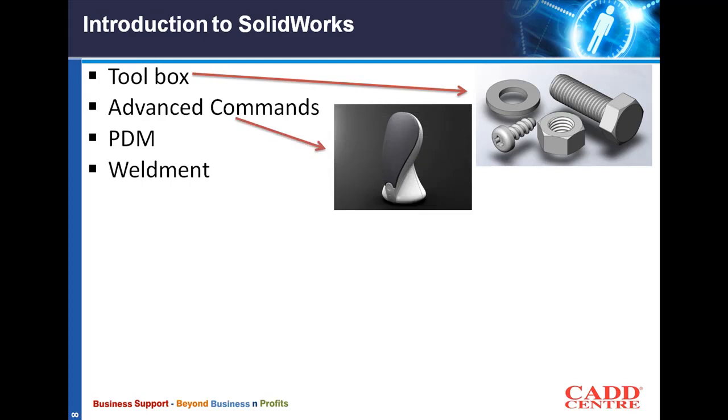The next thing is advanced commands. When you look at this product, I hope you know this is a speaker, and you can see it looks so stylish, where the features are blended, twisted, and rotated.